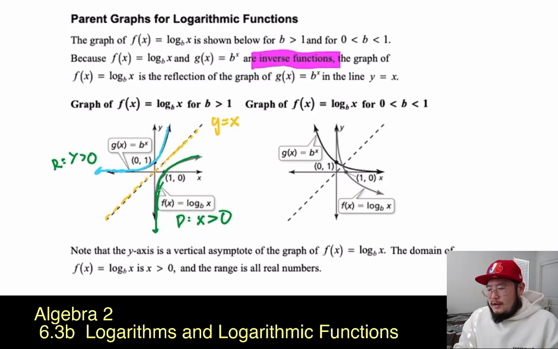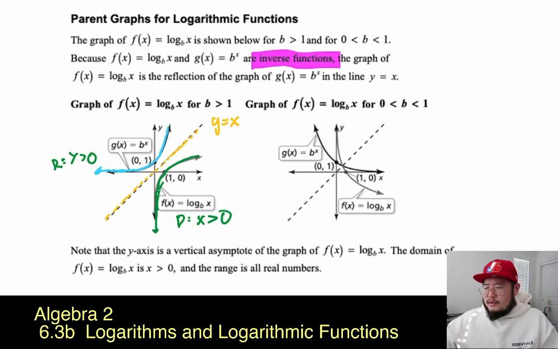And there you go. They show you another example of functions, log base b of x, and then the two inverses of those right there.